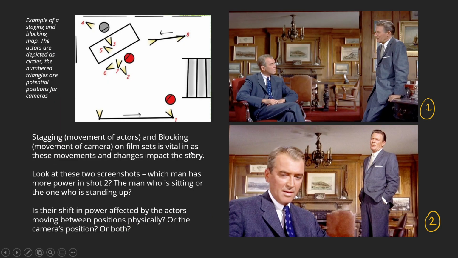Okay, so in film, in order to capture these particular images that tell a particular story, it's actually a very troublesome thing because they need to make sure that the actors know where they are supposed to go. Are they standing? Are they sitting? And then after that, they need to figure out where to put the cameras. Maybe the camera starts here and then it zooms in. The first camera is just looking at this guy.